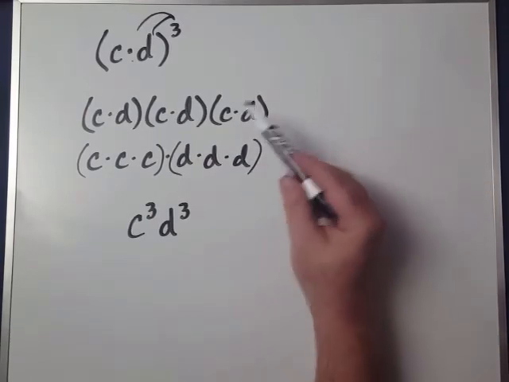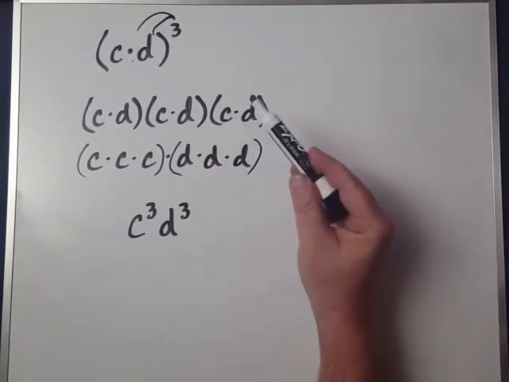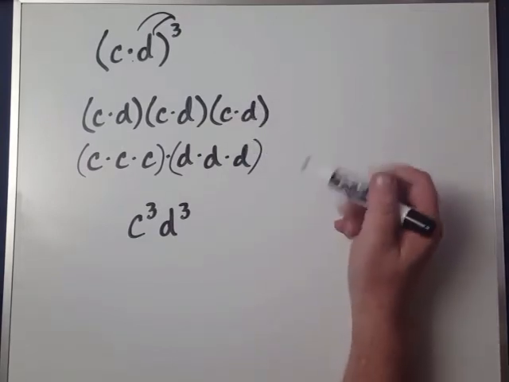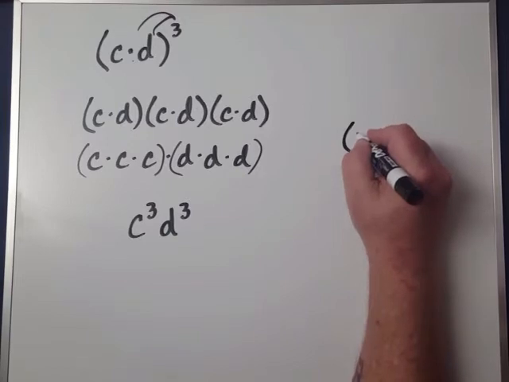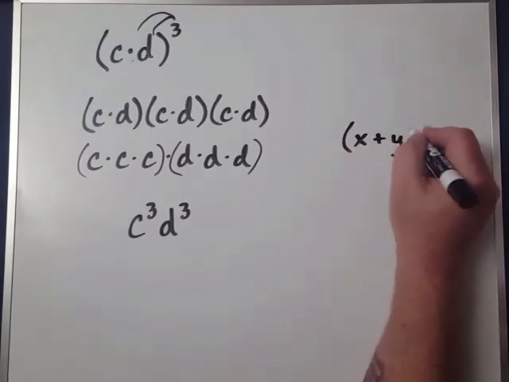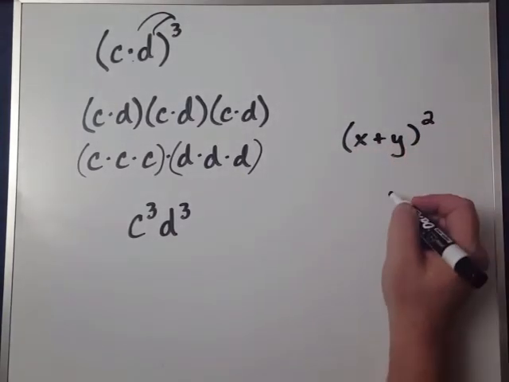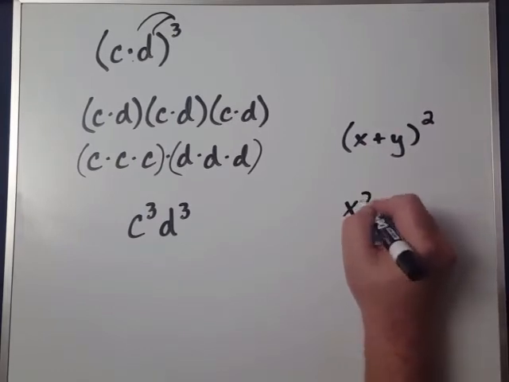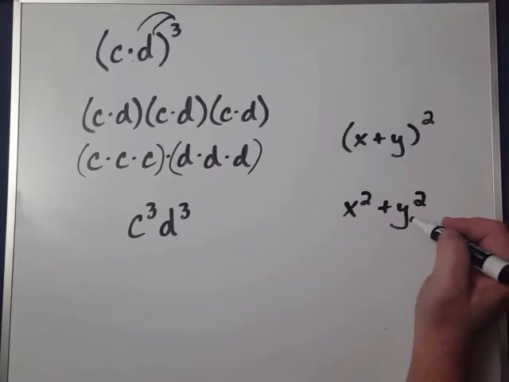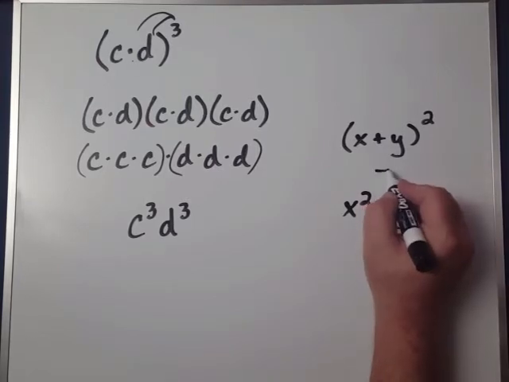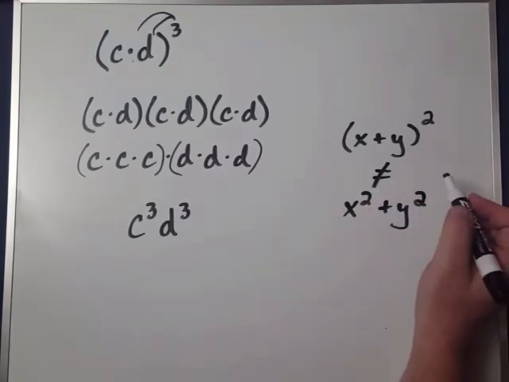A lot of teachers don't like calling this a distributive property because they are concerned that you are going to misremember and you're going to have something like this: x plus y quantity squared, and you're going to write x squared plus y squared, when that's not what happens at all. These two things are not equal to each other.